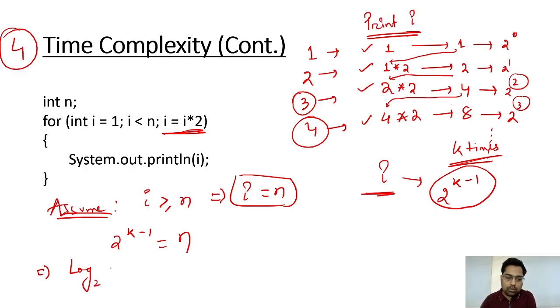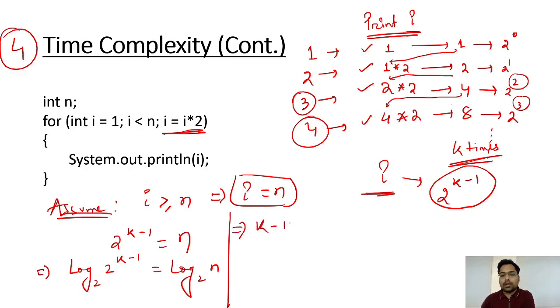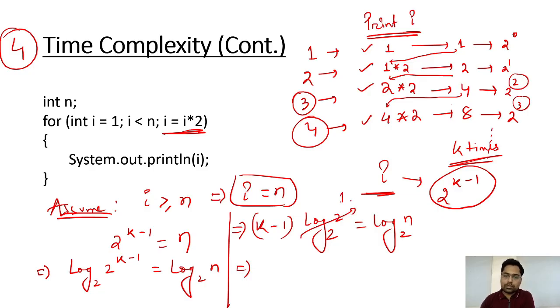Log 2 to the power k minus 1, here log n base 2. Then k minus 1 will be outside, and log 2 base 2 on this side, and log n base 2. Here log 2 base 2 is 1.